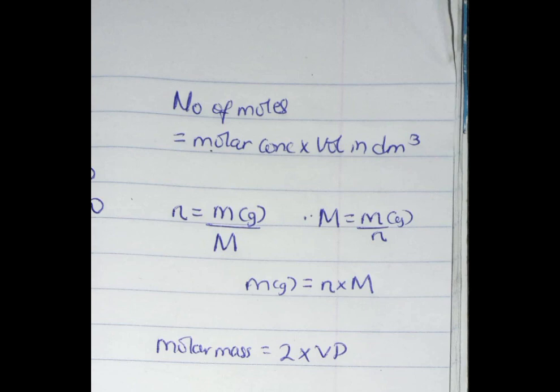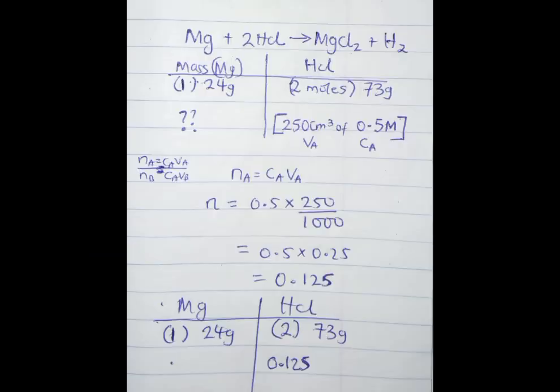If you make the molar mass the subject, the molar mass, capital M, is equal to mass in gram over the number of moles. Also, the mass in gram is equal to the number of moles times the molar mass. In case vapor density is involved, the molar mass is equal to 2 times the vapor density. So let's solve.